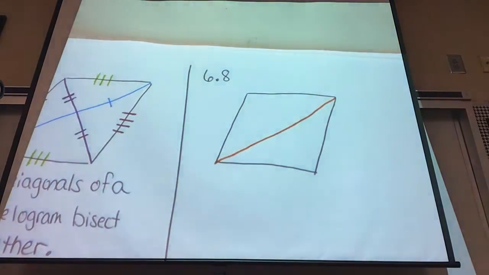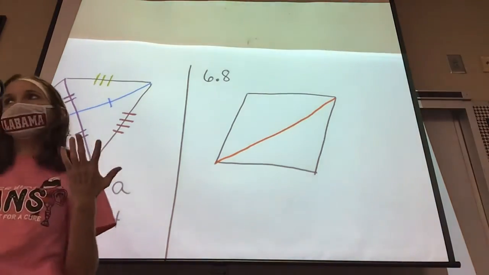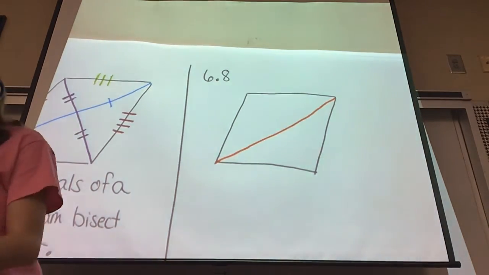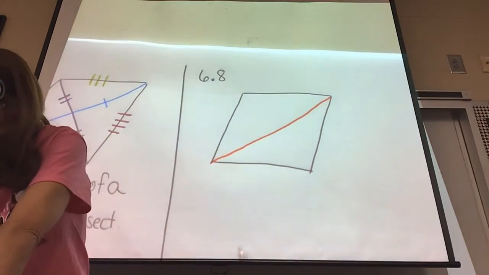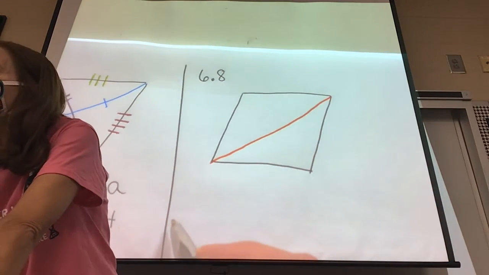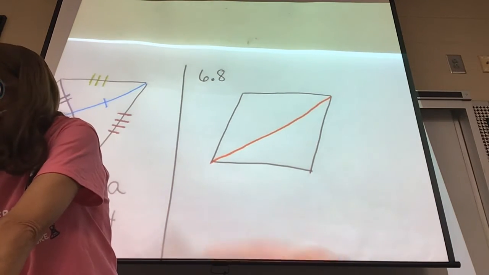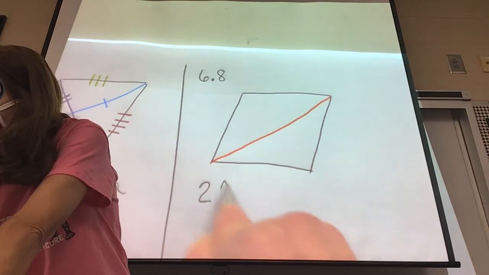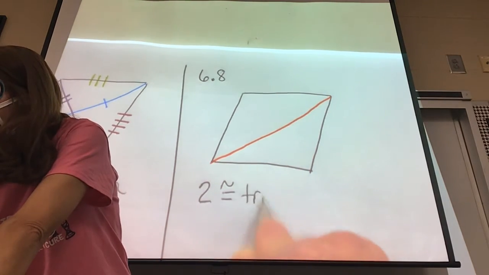If you draw a diagonal from one corner to the other, you should end up with two congruent triangles. Again, they've got to be drawn perfectly, and I'm going to admit, I don't draw perfectly. So every time you draw this diagonal, it should cut this perfectly in half, forming two congruent triangles.